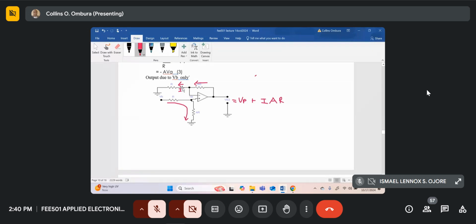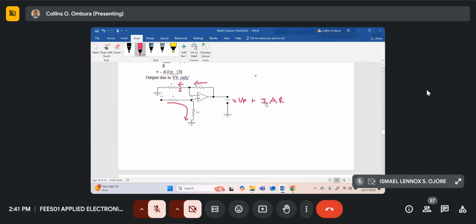And this current must have come from this feedback resistance AR. So we can write that V02, the output voltage, is the drop across this R connected to the ground plus the drop across AR. So we can write V02 as VP plus I AR.